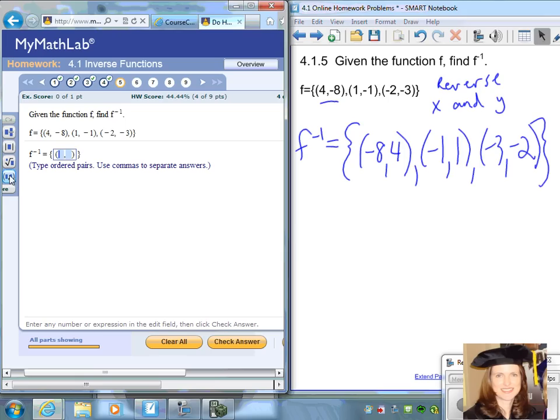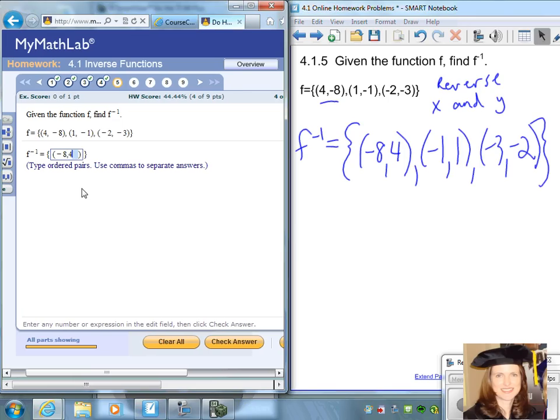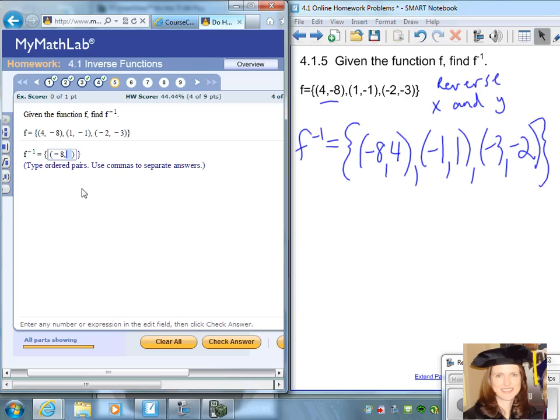We can list the points. And we separate those points with commas on MyMathLab.